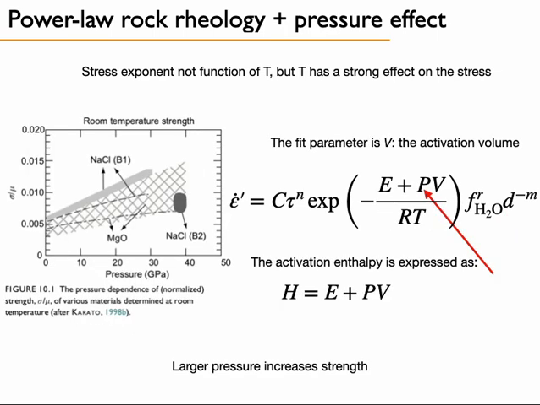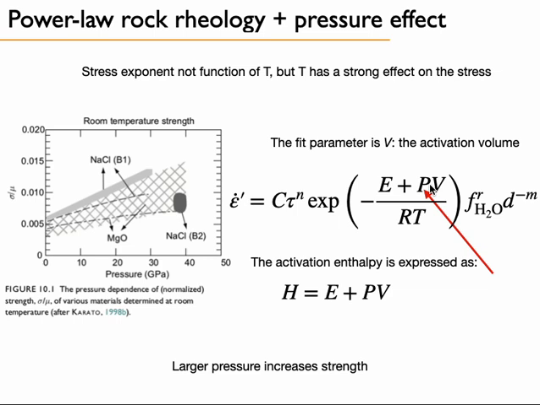We can even go further and take into account the effect of pressure. What we had in the exponential term before was H, but H is actually E, the activation energy, plus PV, P being the pressure and V the activation volume.